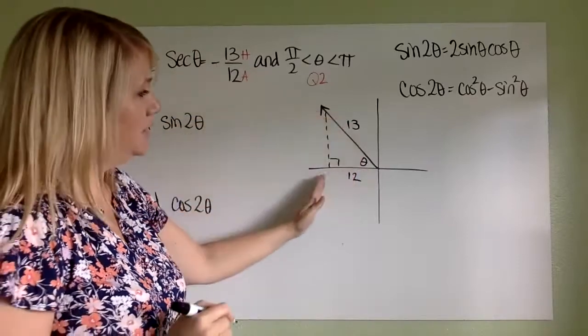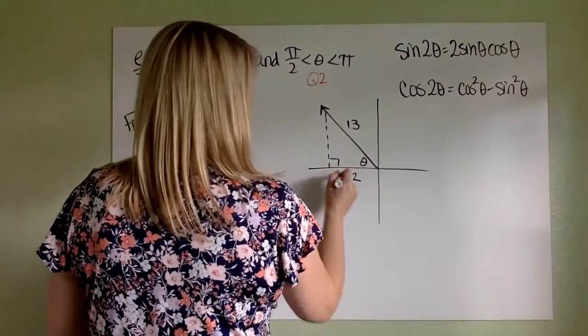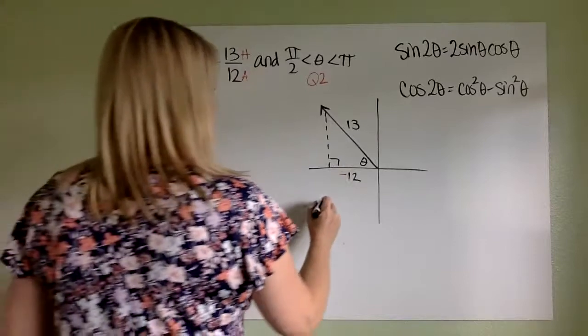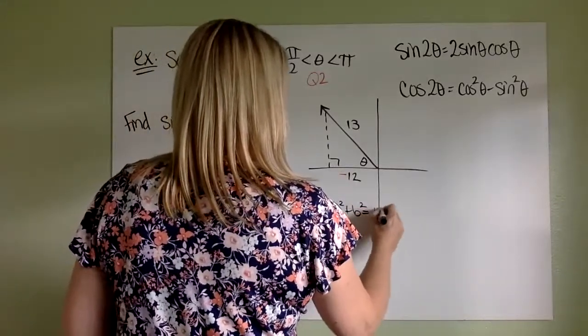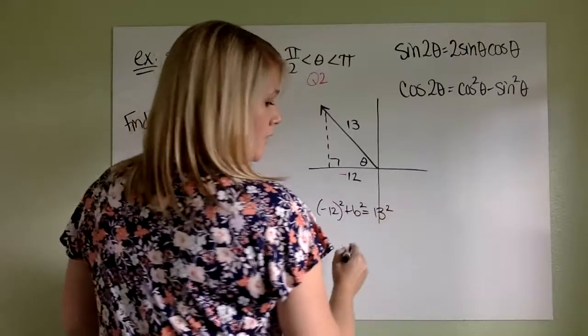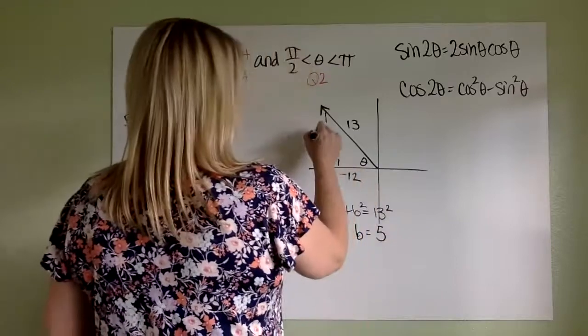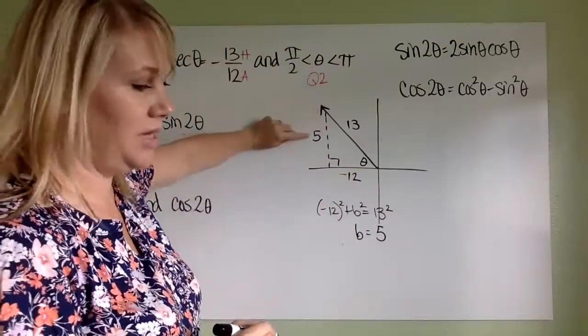And since I'm going to the left on the x-axis, it's the 12. And then I would just do a squared plus b squared equals c squared and find that the side opposite is 5. And then it's in the upward direction, so that's a positive 5, not negative.